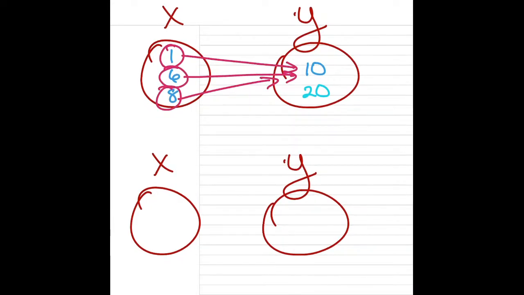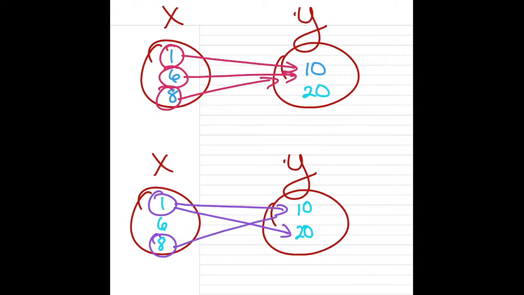And then over here, I'm going to give you 1, 6, and 8. I'm giving you the exact same number so you don't have to try to think about, is it something else? I just want you to focus. Okay, pause here. I'm going to tell you what's going on.